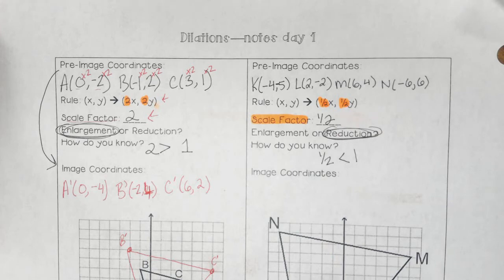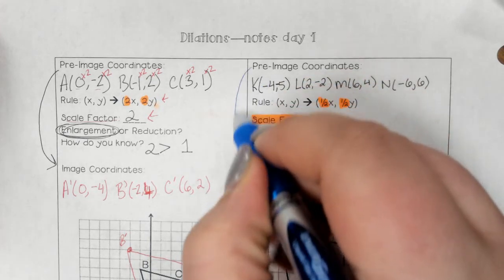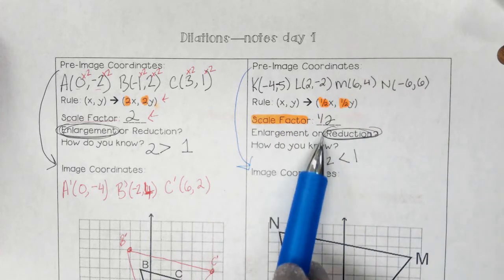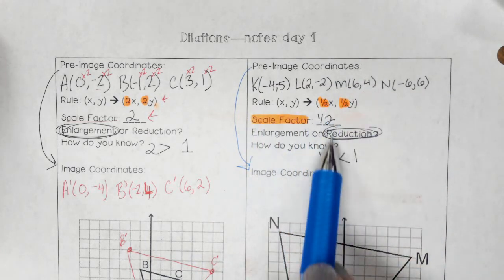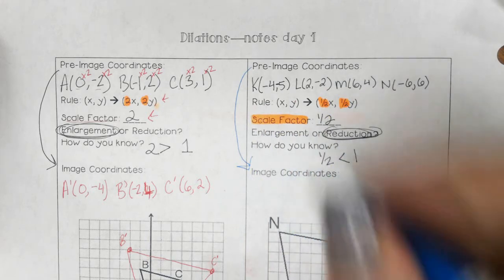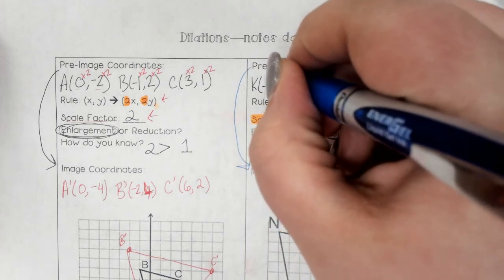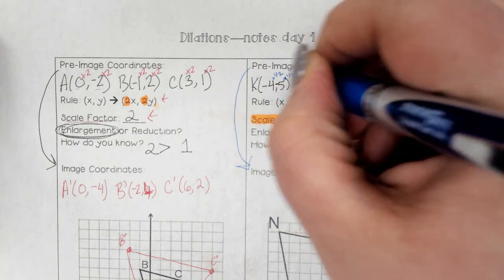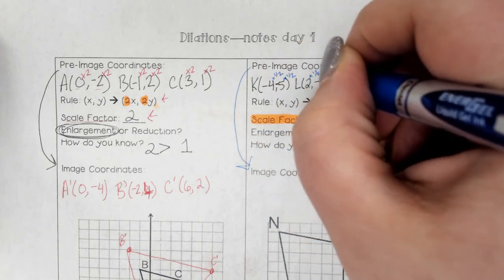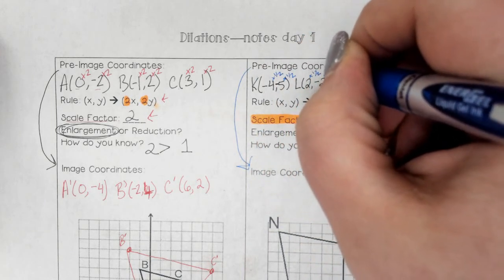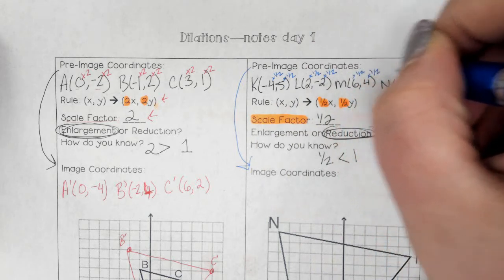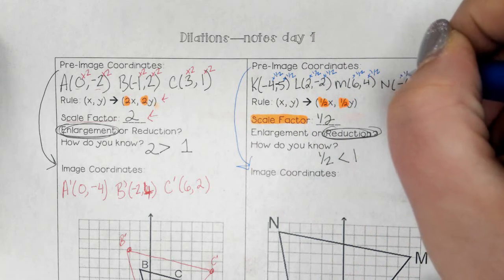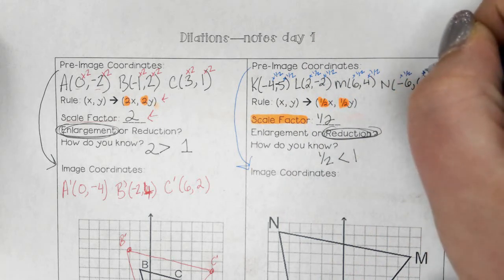To obtain the image coordinates from the pre-image coordinates, we'll take our scale factor and multiply every coordinate by the scale factor. So we're multiplying negative 4 times 1/2, negative 5 times 1/2, 2 times 1/2, negative 2 times 1/2, 6 times a half, 4 times a half, negative 6 times a half, and positive 6 times 1/2.